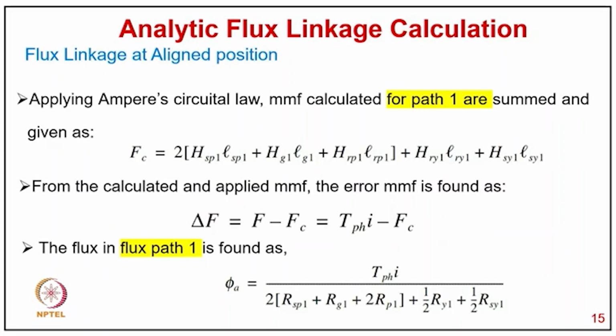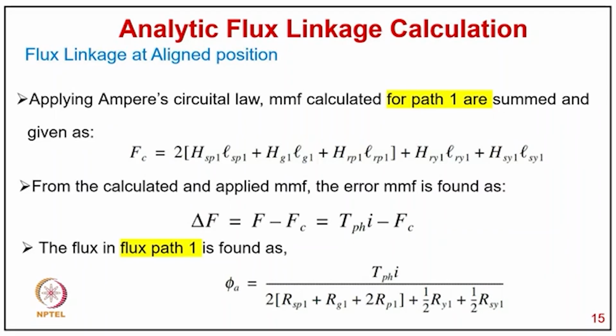So now applying Ampere's circuital law, the MMF calculated for flux path 1 is summed as FC equal to 2 in bracket HSP1 into LSP1 plus HG1 into LG1 plus HRP1 into LRP1 plus HRY1 into LRY1 plus HSY1 into LSY1. So all these 5 parts are accounted for here, and from the calculated and applied MMF, the error in the MMF is found: delta F equal to F minus FC equal to TPH into I minus FC.